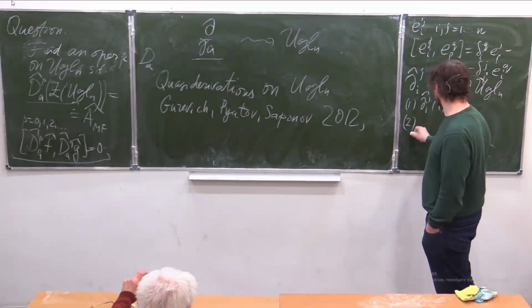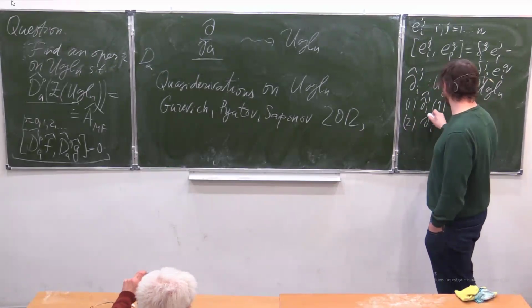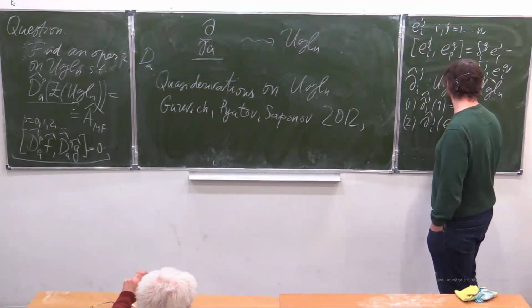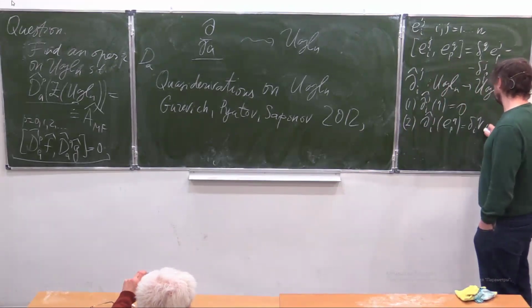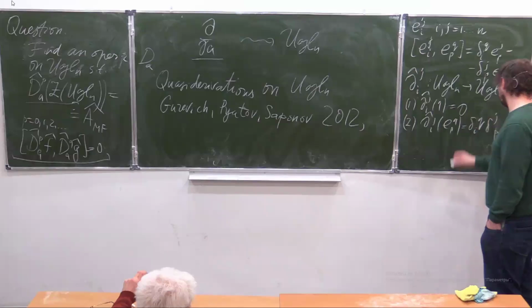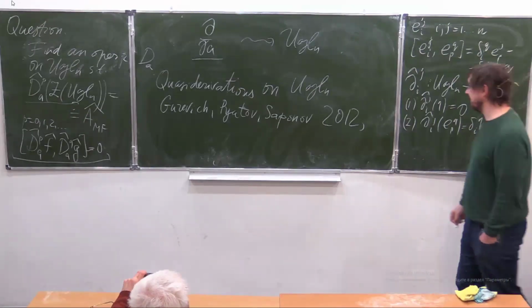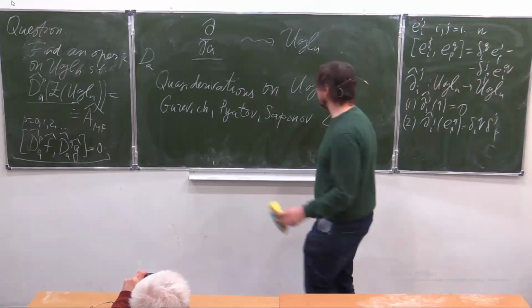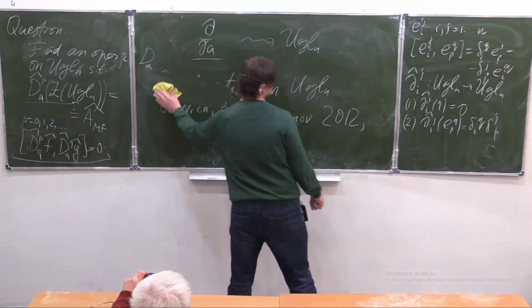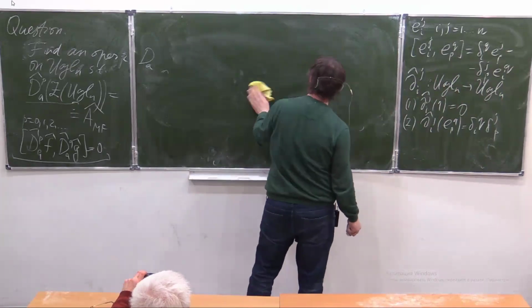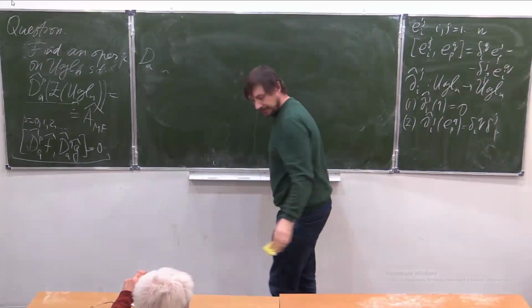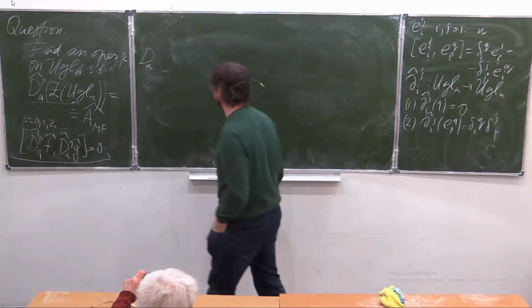Second, D hat_ij applied to E_pq is equal to delta_iq delta_jp. And finally, the last but not the least, is the relation called the deformed Leibniz rule, or twisted Leibniz rule.